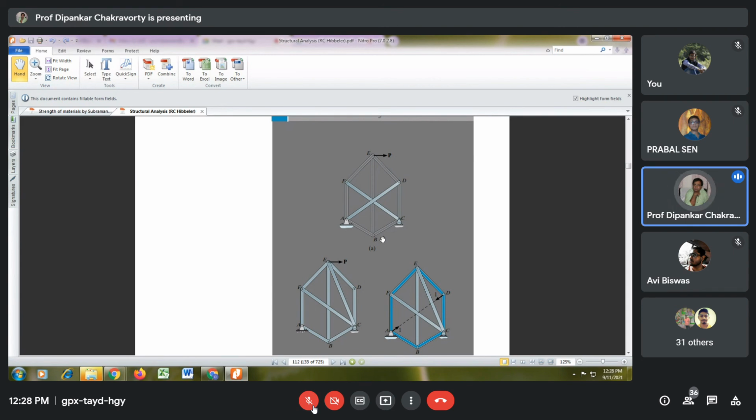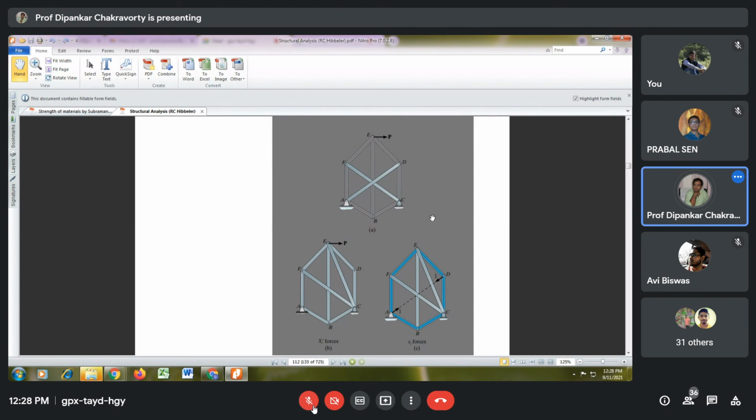So what you do, very interesting, this is known as Henneberg's bar replacement method. Henneberg was a person. What he said is that you just lift one particular member, you just cut it.